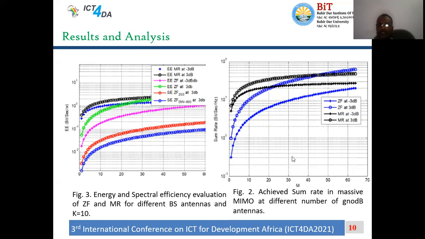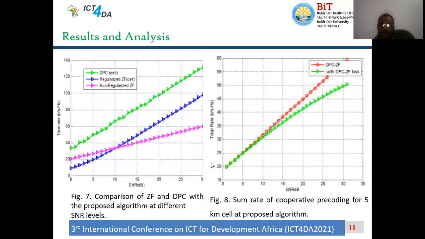As the number of antennas increases, the sum rate increases for the whole region logarithmically, and with the same procedure, for a smaller number of antennas, the maximal ratio transmitter is better than zero forcing, and for larger numbers of antennas, zero forcing will be better than the maximal ratio transmitter.